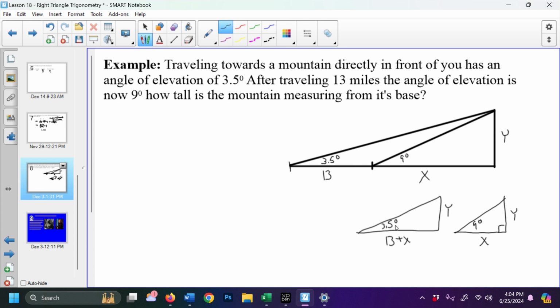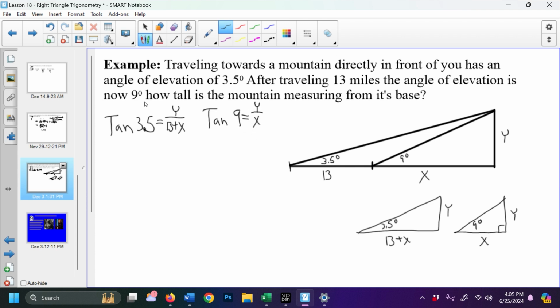So I'm going to set up two tangent expressions, and I am going to say that the tangent of 3.5 is equal to the opposite side y over 13 plus x, and that's a decimal right there. And I'm also going to say that the tangent of 9 is equal to just y over x.